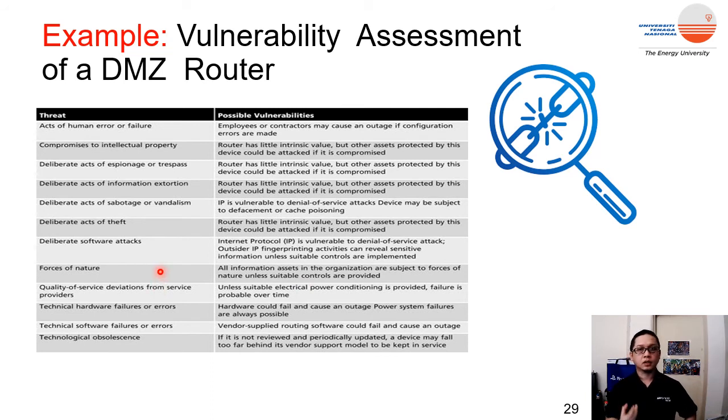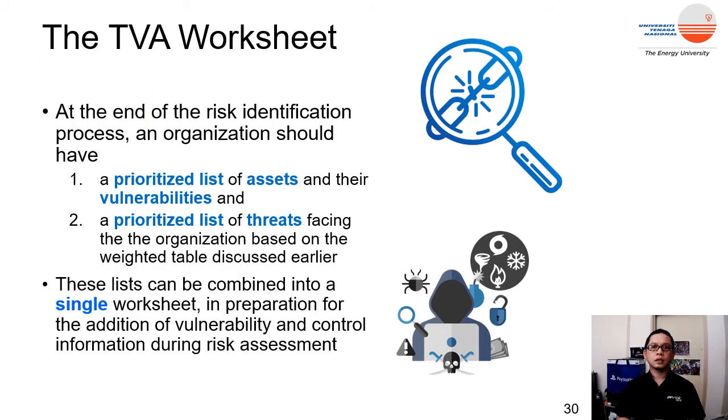So these are just examples of possible vulnerabilities that can actually elevate the possibility of the threat being successful. You can also list this after you properly list your asset, list the possible threat, and list the related vulnerabilities that could add to the success factor of the threat happening. At the end of the risk assessment activity, this is the document that you need to produce. Remember previously you listed the priority of assets to your organization.